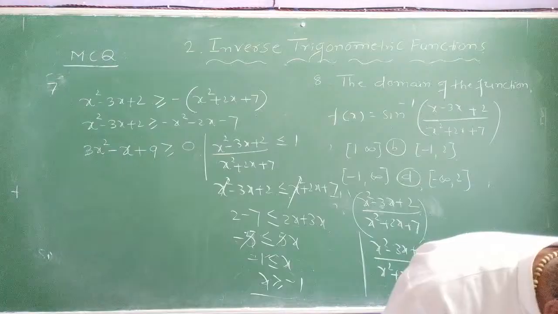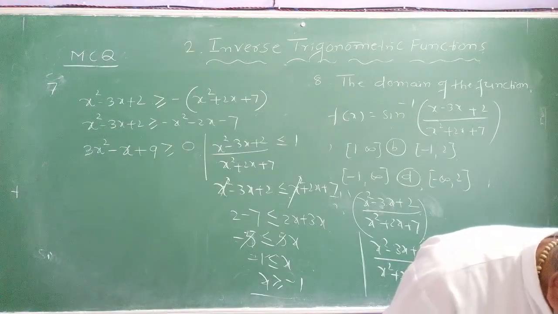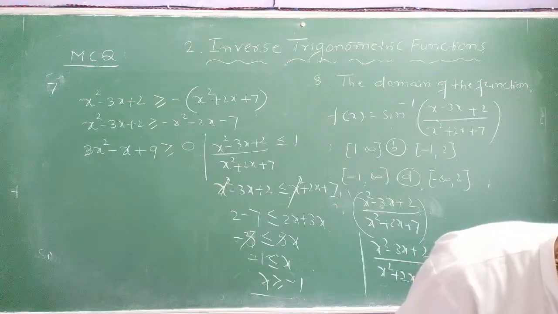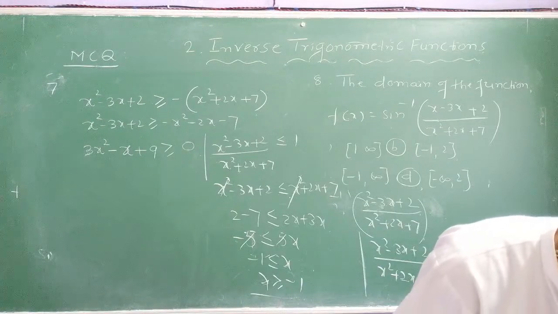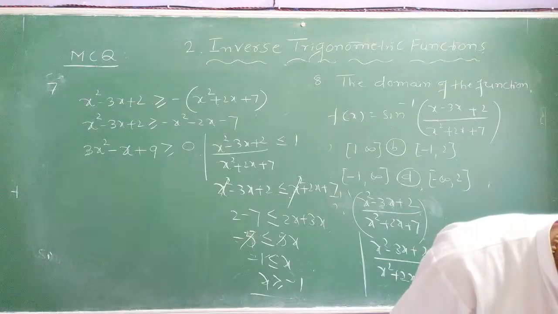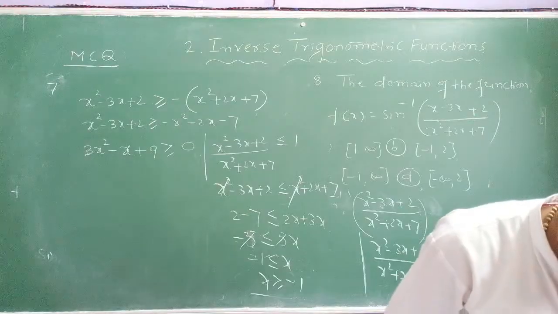What about next value? Solve another equation. Lower limit you got now, upper limit 2x square minus x plus 9 is greater than or equal to 0. x is greater than or equal to minus 1.